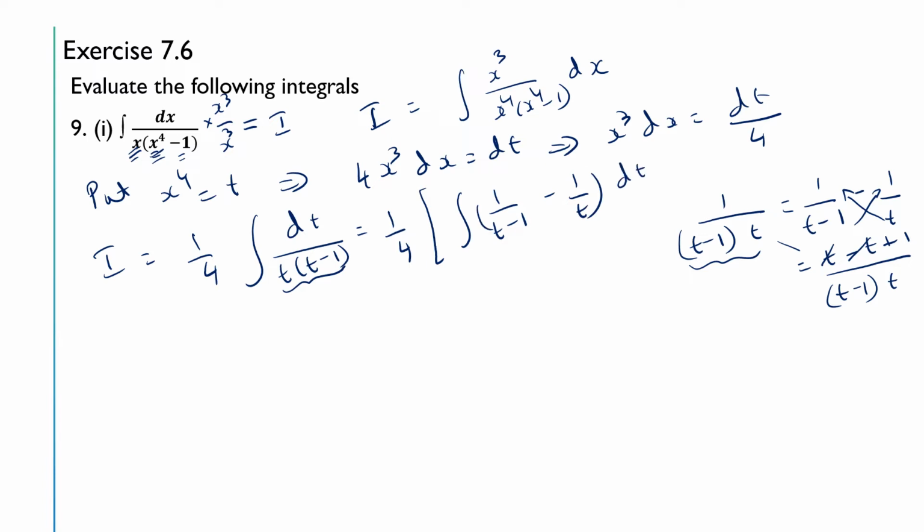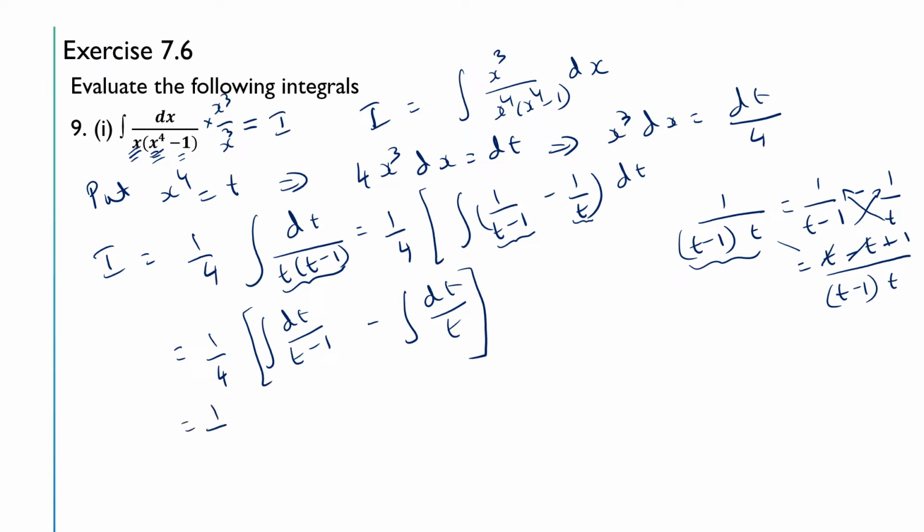In the first partial fraction, the denominator should have the lower factor, that is t minus 1, and in the next partial fraction, the next factor should be there. So this is equal to 1 by 4 integral dt by t minus 1 minus integral dt by t.